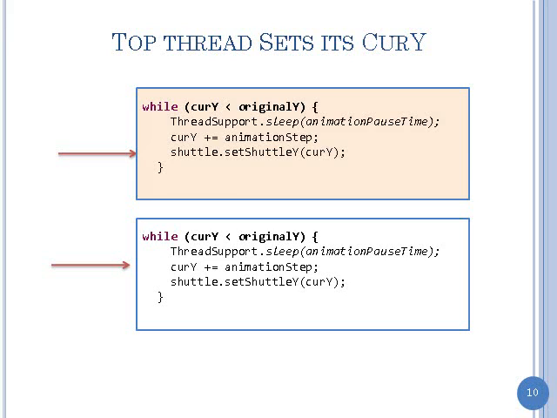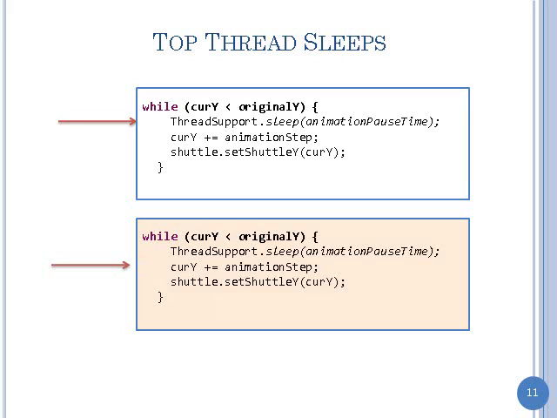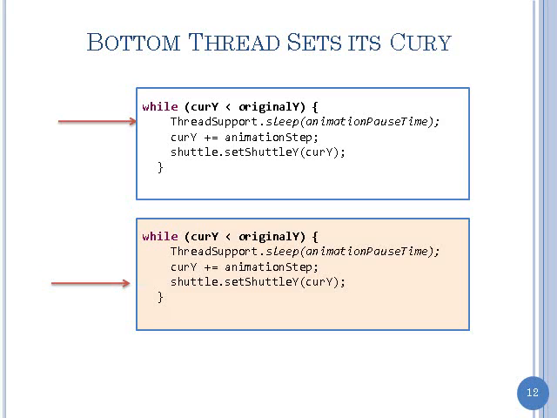We set the shuttle y to be that method's current y, and we go to sleep. That's a natural time for somebody else to execute. They set the shuttle y to their current y. So my shuttle y is oscillating between these two y's, and that's why we saw the shaking, the oscillation.